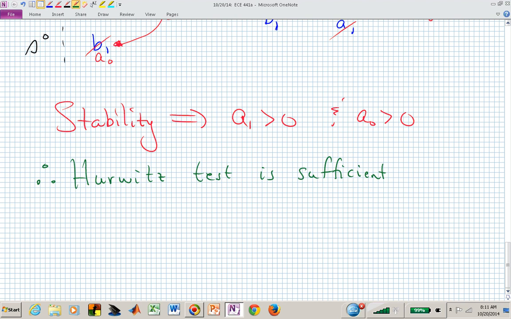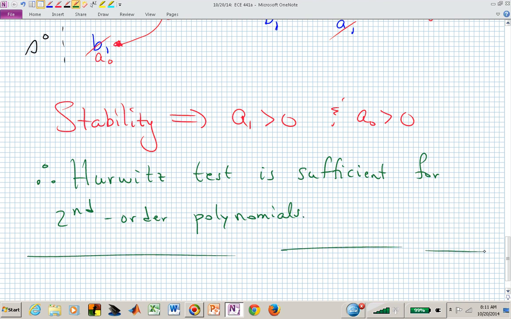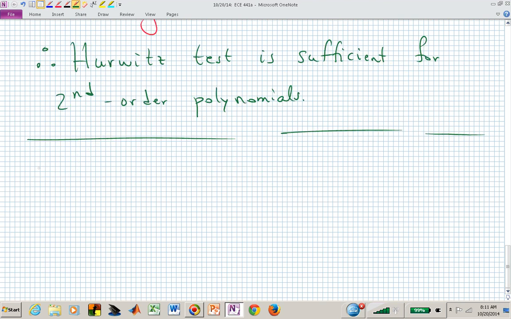You should be able to plug this idea into your head and remember it forever. If not, you can build the Routh array and convince yourself that it's true. The Hurwitz test is sufficient for second order polynomials. That's our first example with the Routh array.